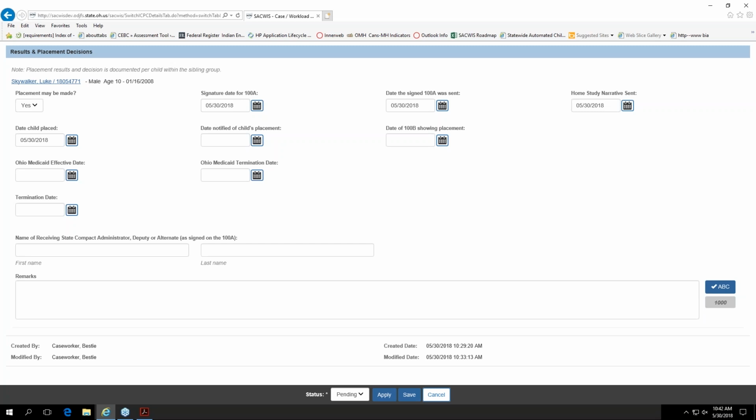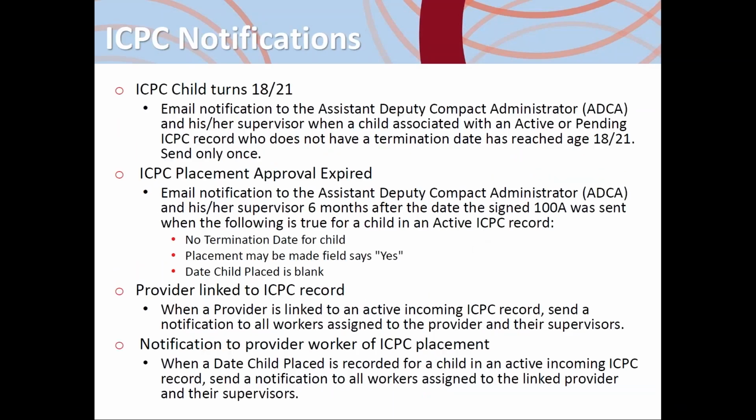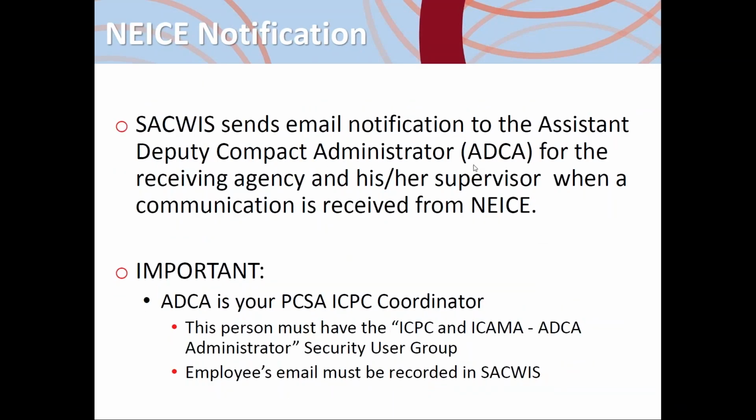We have had some folks ask about notifications, and so when there is a communication from NEICE, SACWIS will send an email notification to the ADCA for the receiving agency and his or her supervisor as a backup when a communication comes in. So it's very important that the ADCA folks at your agency have the security user group that's going to be called ICPC and ICAMA ADCA Administrator. So when you go into security and add user groups to that person or whoever handles that for your agency, we'll want to give them that ADCA admin security.